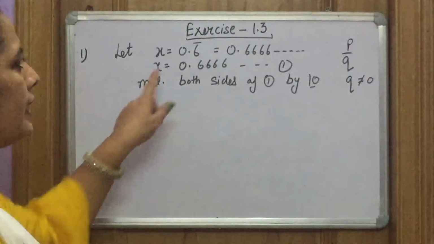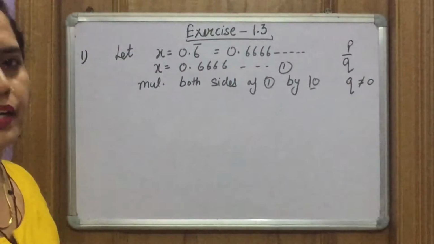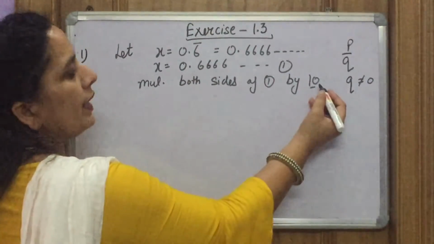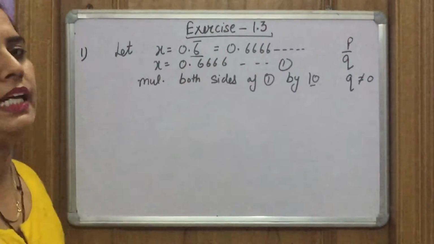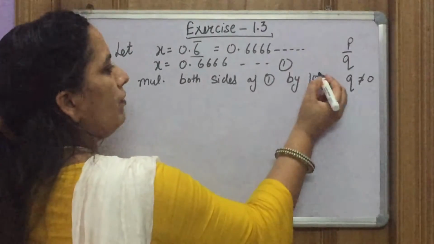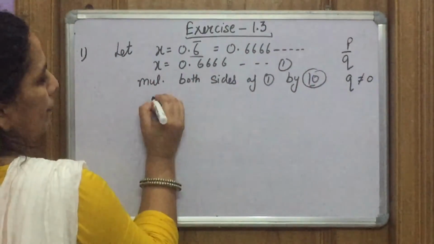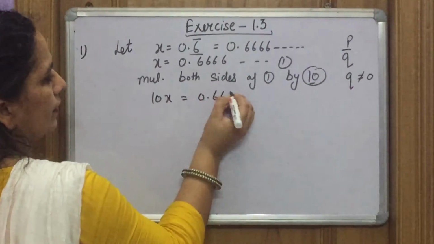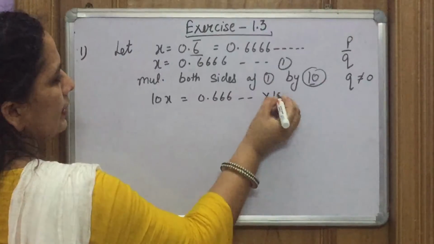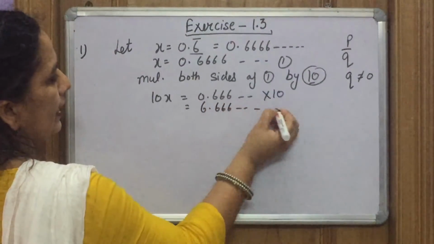And if after the decimal we have 3 digits which are repeating again and again, then we will multiply by 1000. So here we have just one number which is repeating again and again. That's why we will multiply here by 10. So now multiply equation number 1 by 10. If we multiply this number by 10, then it will be equal to 6.6666 and dash, dash, dash.